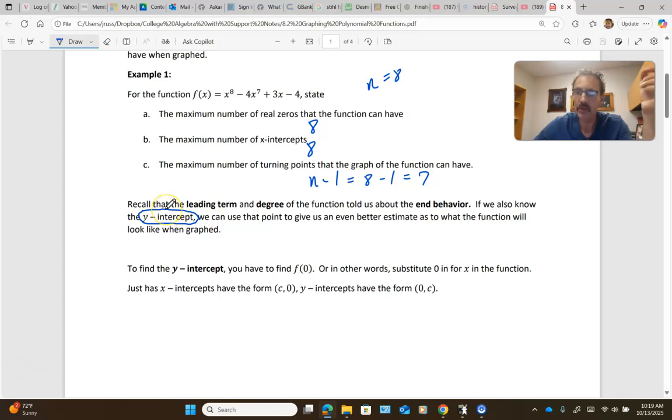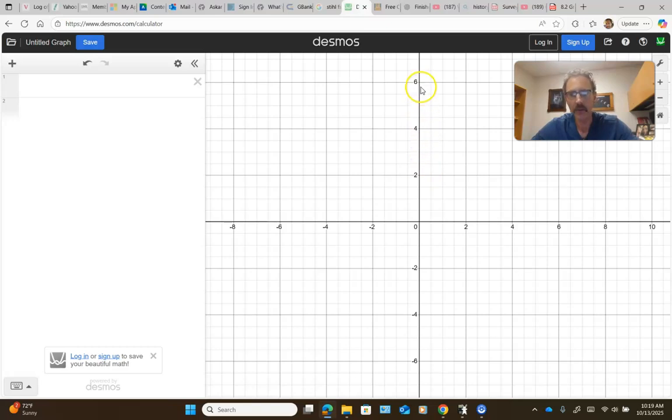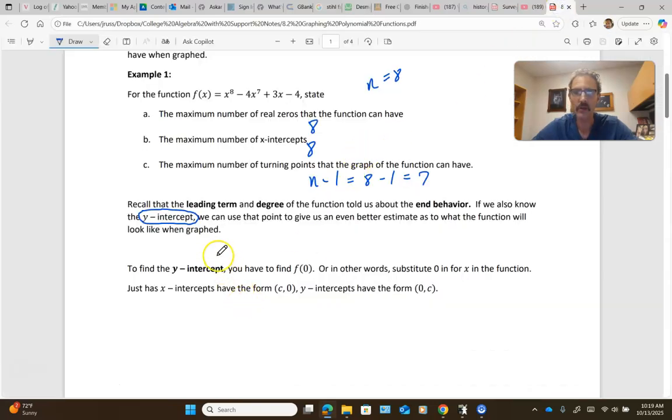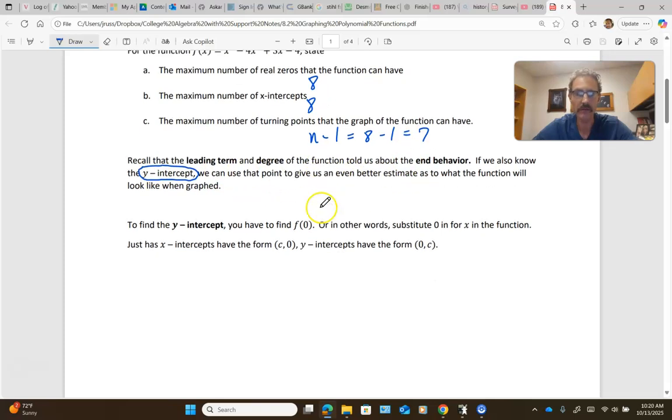So for a polynomial to cross the x-intercept, or I'm saying this backwards. Let's look at Desmos here real quick. For a polynomial to cross the y-axis, any point on the y-axis would have an x-coordinate of 0. Well, 0 is in the domain of any polynomial function. Okay, so every polynomial will have a y-intercept. Now, how do we find it? Well, it goes back to what I just mentioned.